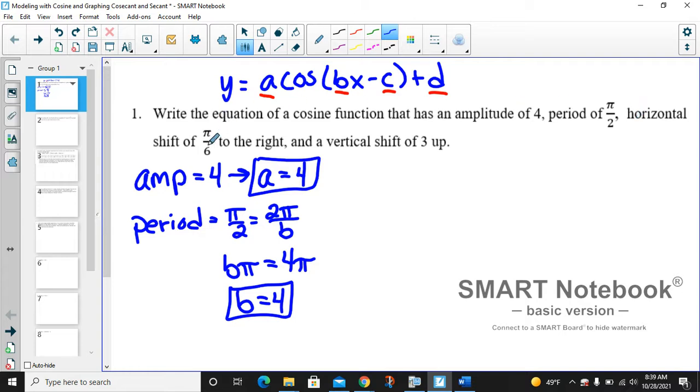Next it tells us that our horizontal shift is pi over 6 to the right. And to the right is a very important fact here. Now when we were doing all of our work with sine and cosine, we didn't really call it the horizontal shift, although when we first went over all the terminology, that is what I said it was. I said it's also very commonly called the phase shift.